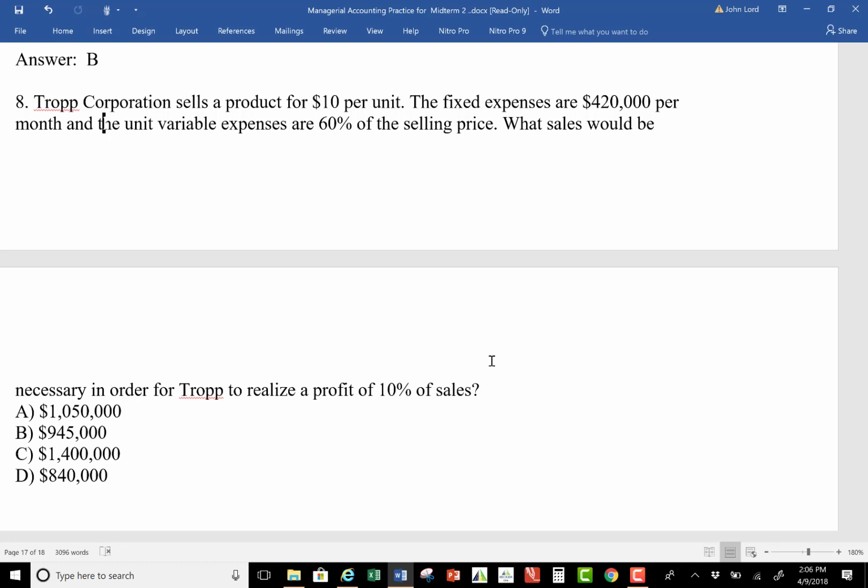Fixed expenses are $420,000 per month. The unit variable expenses are 60% of sales price. What would be necessary for Trop to realize a profit of 10% of sales?